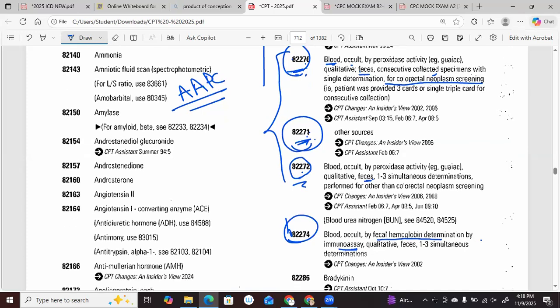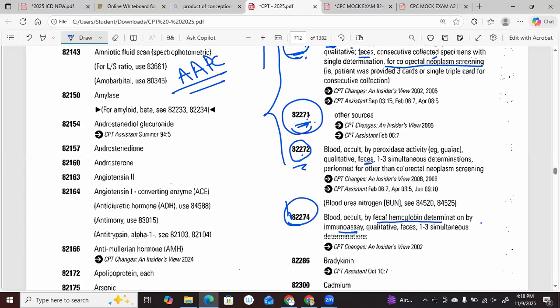So these blood occult codes are based on whether it is a neoplasm screening or non-neoplasm screening. If it is a colorectal cancer screening, you have to pick 70 or 71. If it is other than colorectal screening, you have to use 72 and 74 only. Any question on these four codes?